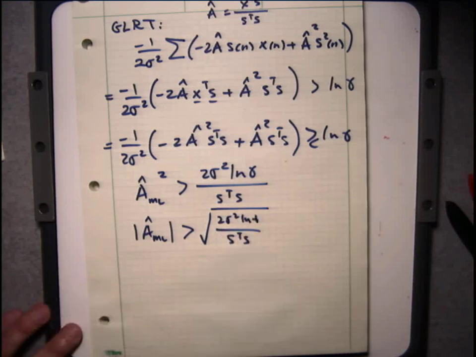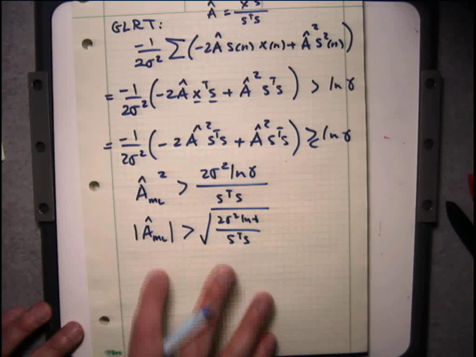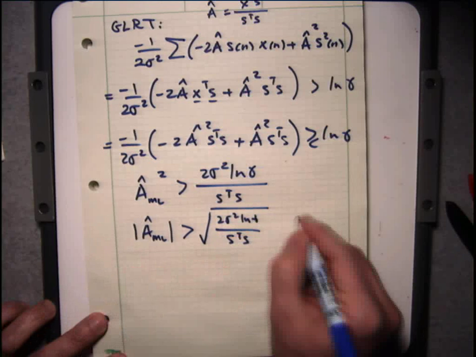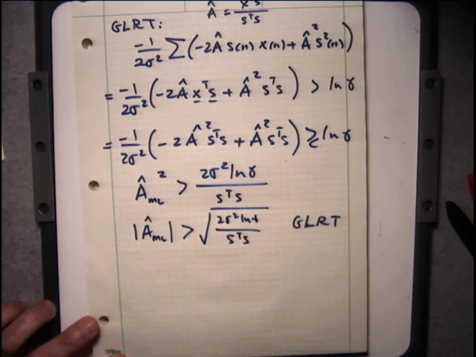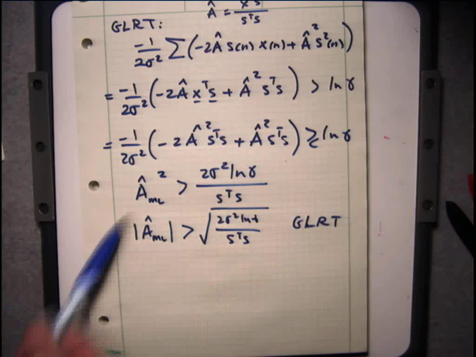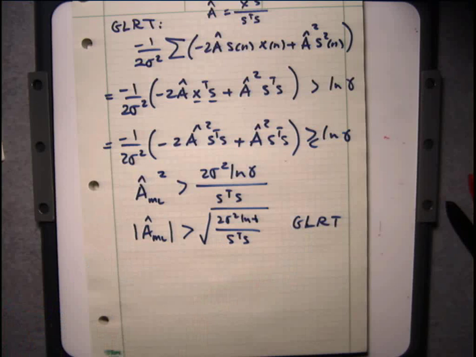Okay. Now what you see here is kind of interesting. This is the test. This is the GLRT test. Right? What it's showing you is that the GLRT test, in fact, gets rid of the sign of A. Okay? I mean, what I just showed you was that if we just carried things out ignorant of the sign of A, we would run into trouble.